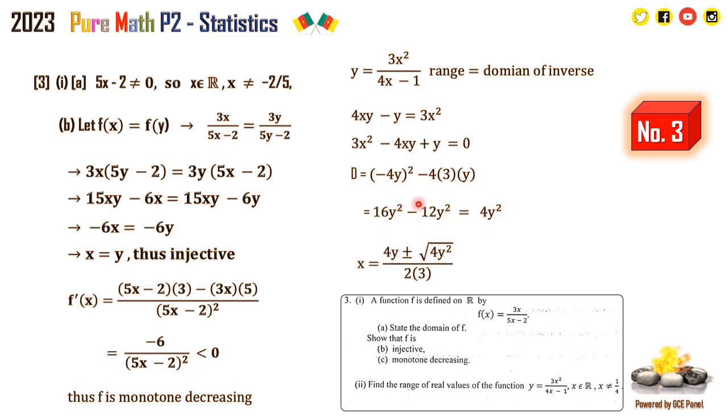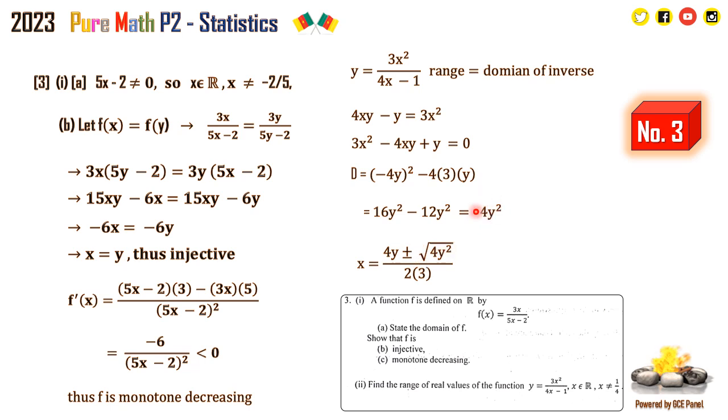Therefore, our x will be equal to negative b. What's our negative b? Our b here is negative 4y, so negative b will be negative 4y, which is just plus 4y, plus or minus the square root of the discriminant which you have just looked for.